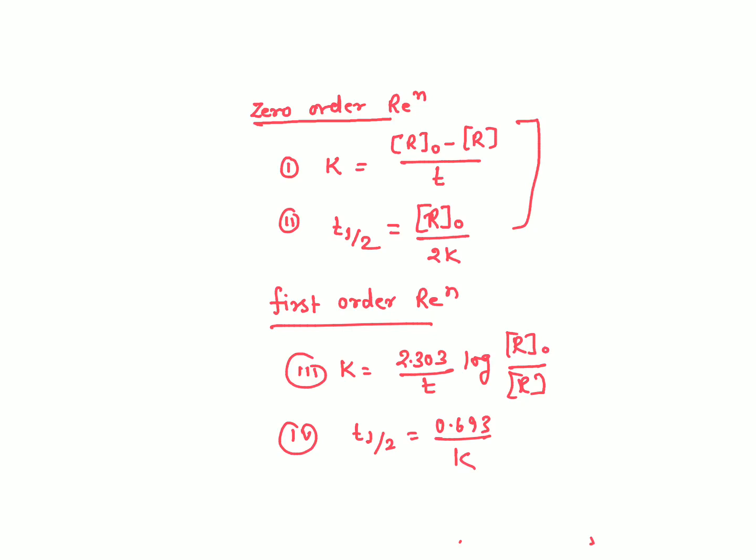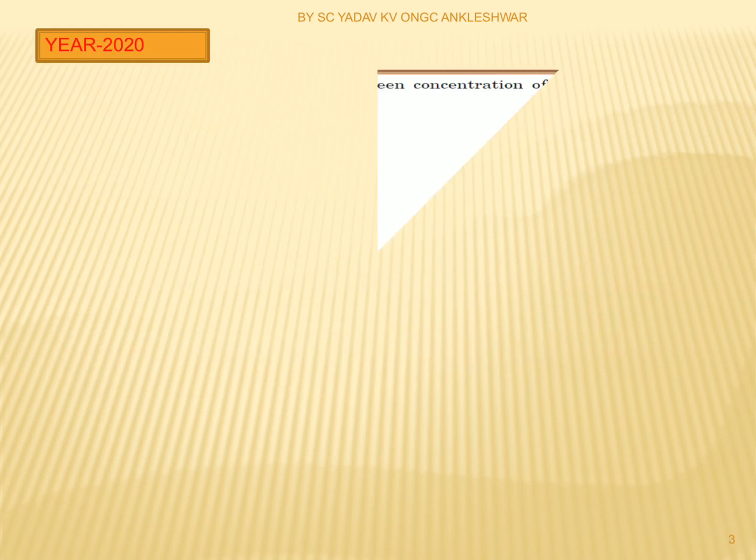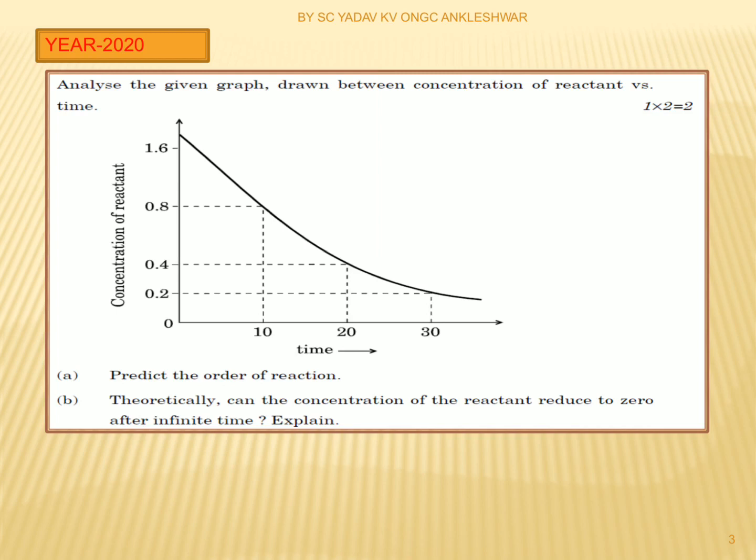Now I am going to start the session with the questions asked in the year 2020 CBSE board examination. The first question asked in 2020 is here. There was a graph given. Analyze the given graph between concentration of reactant versus time.